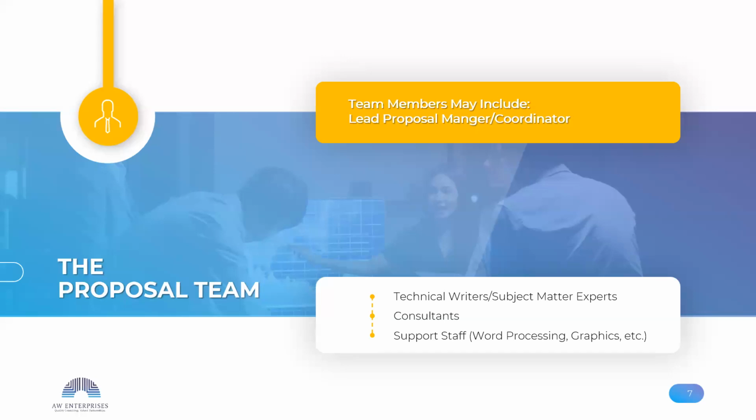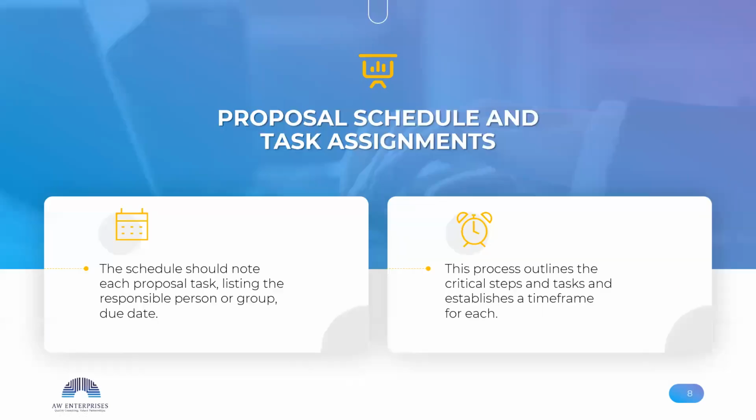If you have an administrative assistant or executive assistant who is good at word processing and graphics and putting together proposals, or who's capable of it, then utilize those individuals. It's only going to make your internal team stronger to constantly look at how you can make your processes better.